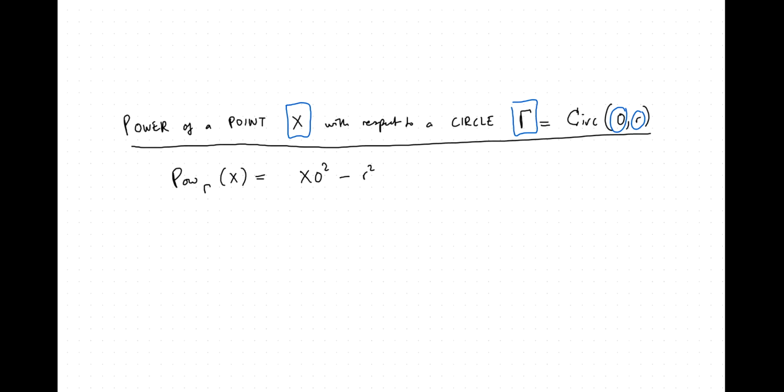So here the center and the radius play their roles separately. To understand the power of a point, you just look at the distance of the point to the center. What really matters is the distance of the point x to the center of the circle, and radius just enters as a constant value that shifts this.